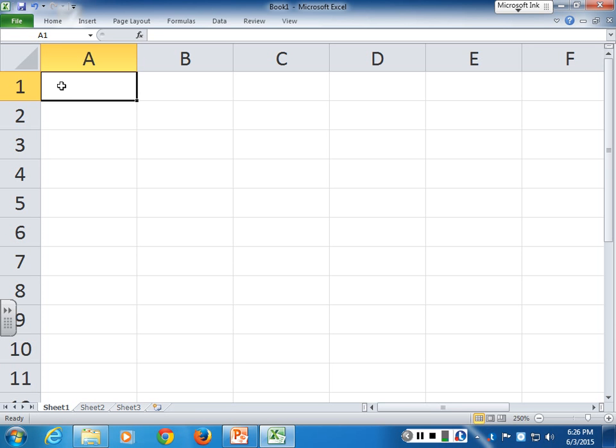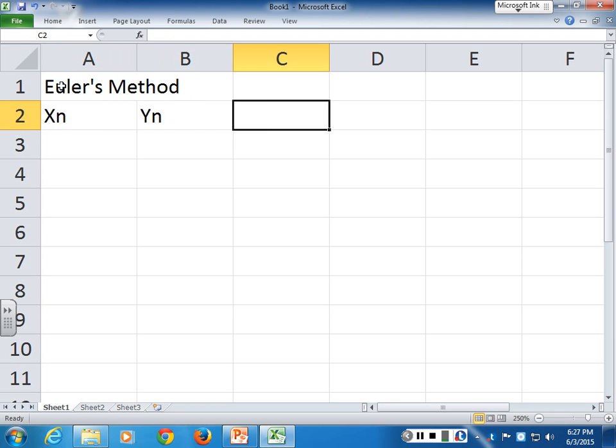I'm going to say this is Euler's method. Okay, and in my first column there, I'm going to name that one x sub n, y sub n, just like I did on my paper, a sub n, and h times a sub n. This is just headings and labels.